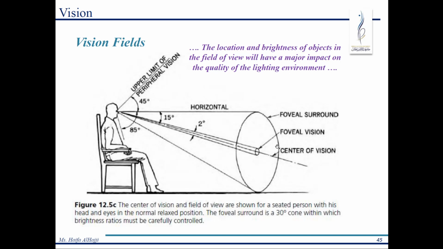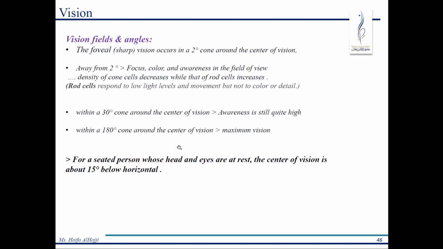In this center of vision, I can see everything clearly, in color and detail. But it only ranges up to around a 2 degree cone. We call this area foveal vision. So foveal vision is the 2 degrees of the center of vision, where focus, color, and awareness in the field of view are at their maximum.